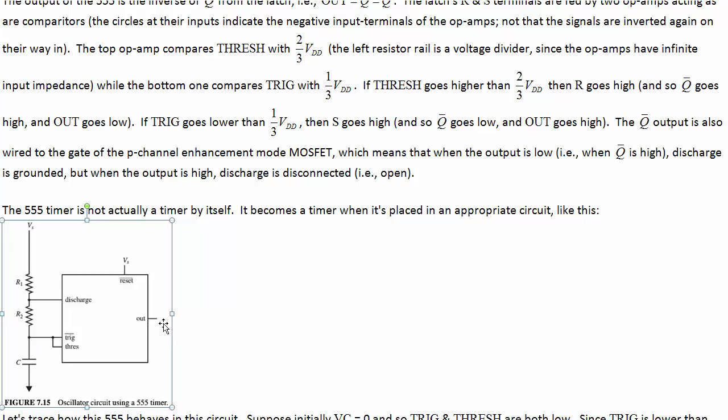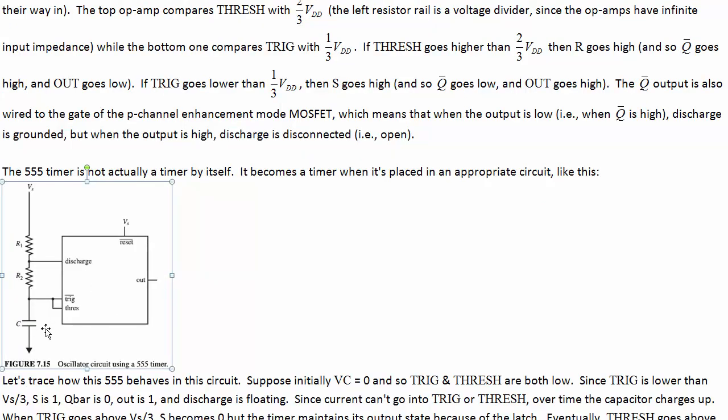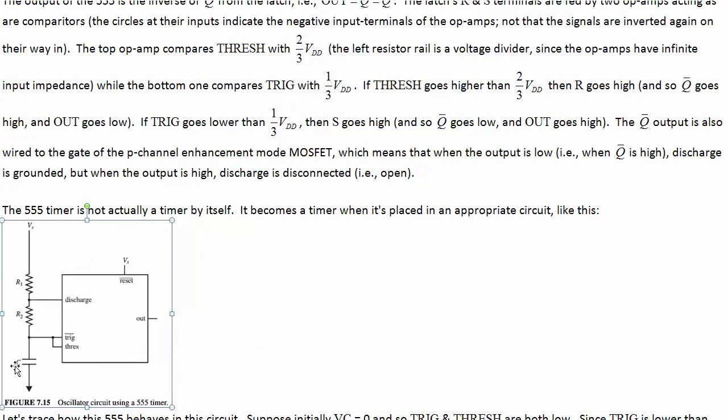So the output is going to be 1, then 0, then 1, then 0, and keep regularly swapping between those with a 50% duty cycle, meaning that it's up for the same amount of time as it is down. And the timing that it gets set with is based on the RC time constants.